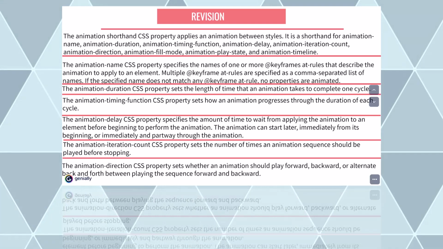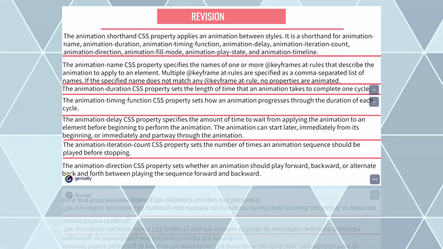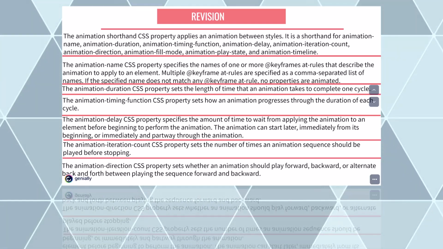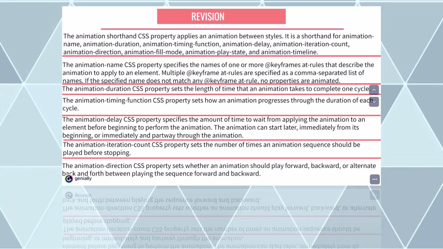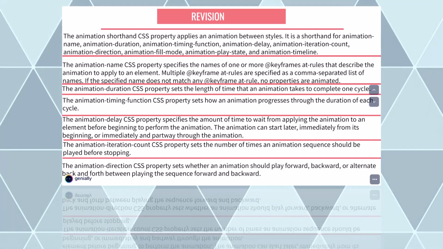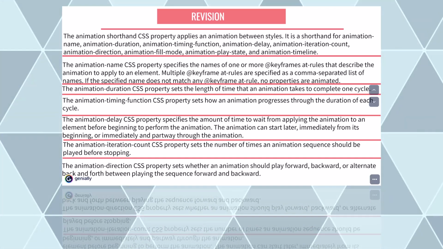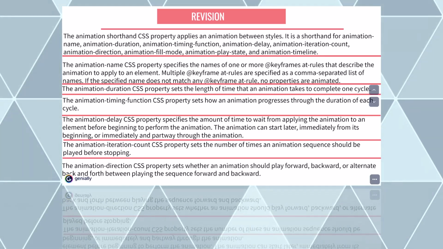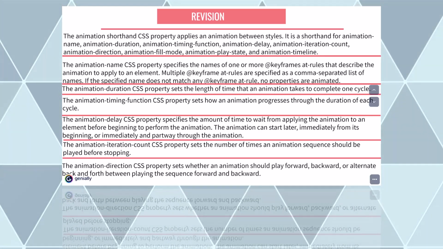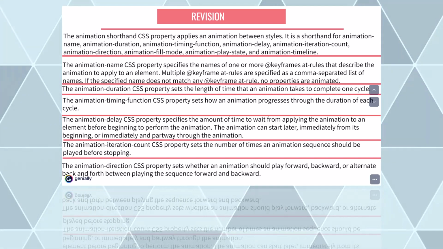The animation name CSS property specifies the names of one or more keyframe at-rules that describe the animation to apply to an element. Multiple keyframe at-rules are specified as a comma-separated list of names. If the specified name does not match any keyframe at-rule, no properties are animated.